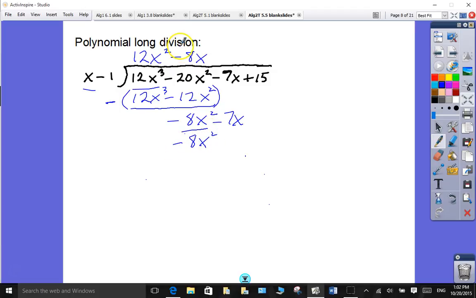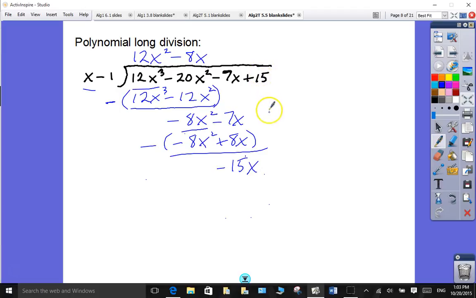Negative 8x times negative 1 is plus 8x. And again, what do we do at that point? We subtract. What's negative 7x minus 8x? Negative 7 minus 8 is negative 15, and it's still an x. So negative 15x.